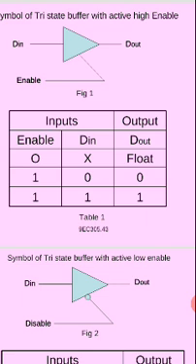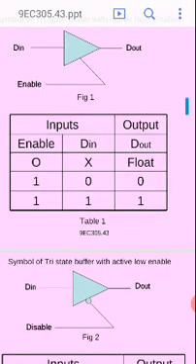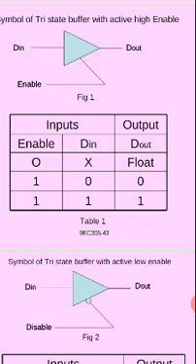This is the symbol of tri-state buffer with active low enable. For active low enable, it should be disable.